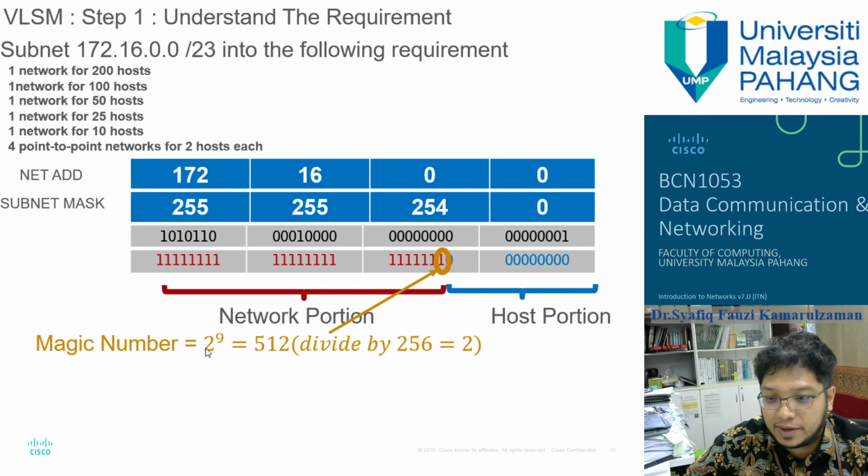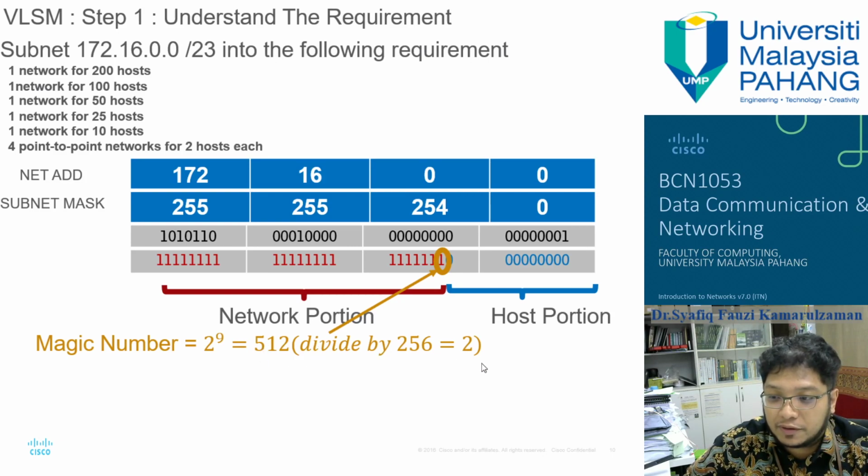The magic number is 2 power of 9, since the rightmost network portion bit is at the 2 power of 9 position. Again, from the right side, 2 power of 0, 1, 2, 3, 4, 5, 6, 7, 8, and 2 power of 9. So 2 power of 9 is 512.